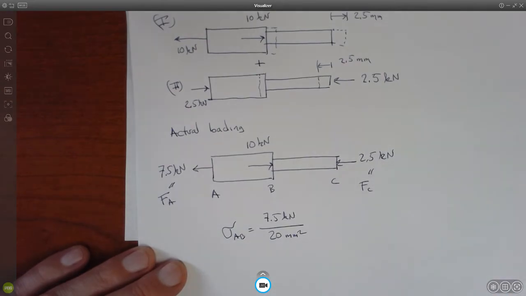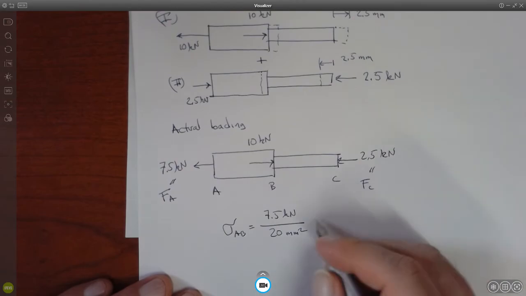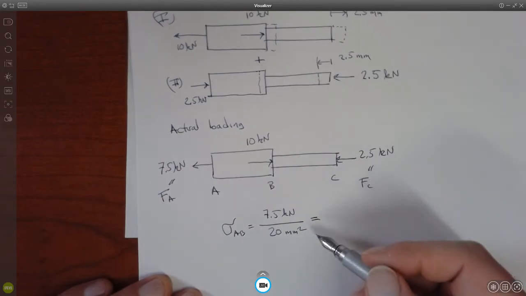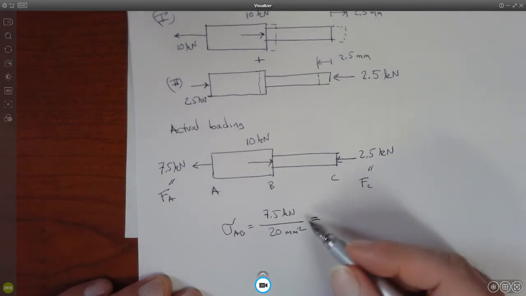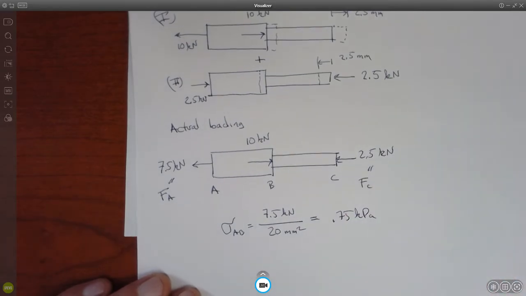Which is 0.75 kilopascals. Is that right? I think that's right.